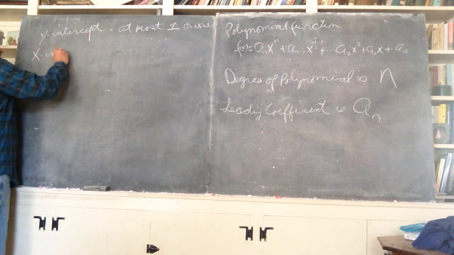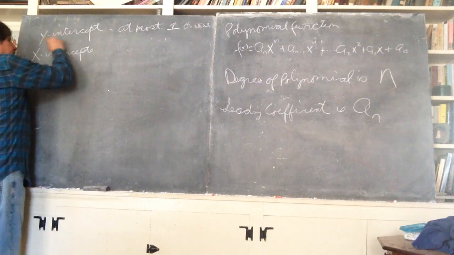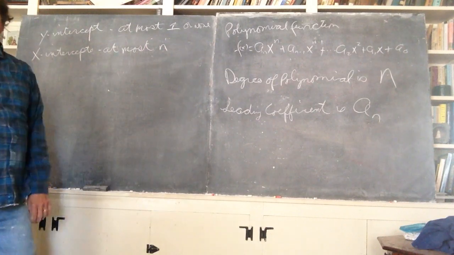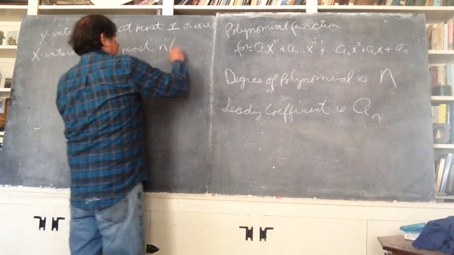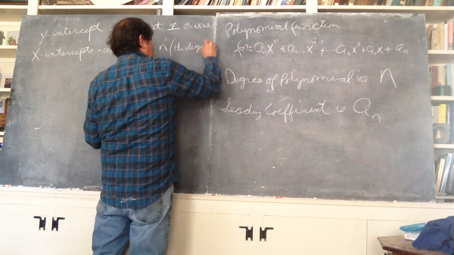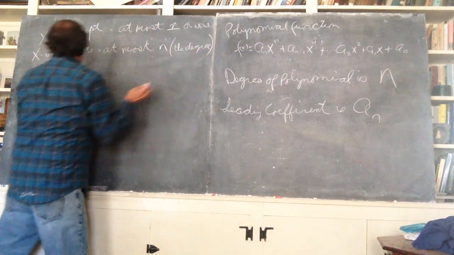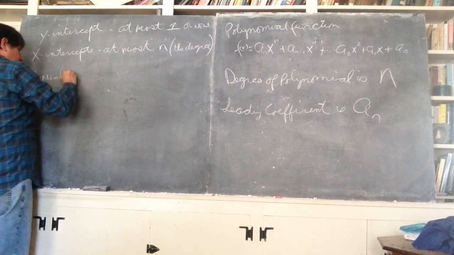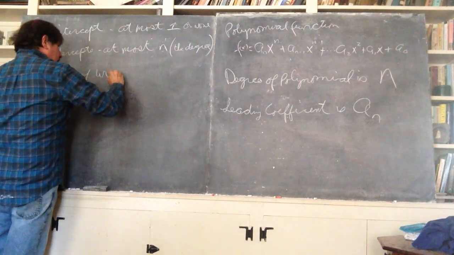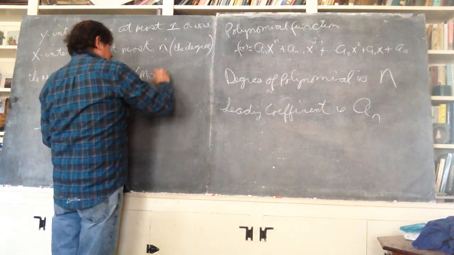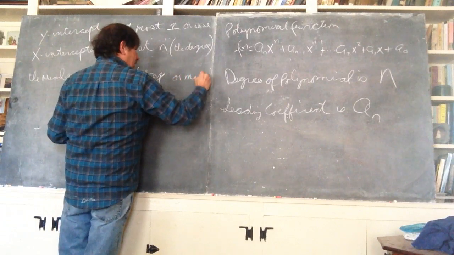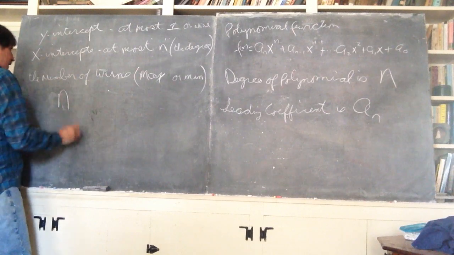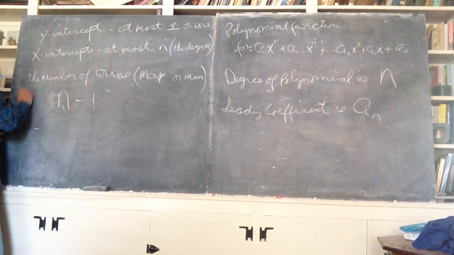The x-intercepts: at most n, meaning the number of the degree. And the number of max or min, the turning points, is at most the degree n minus 1.